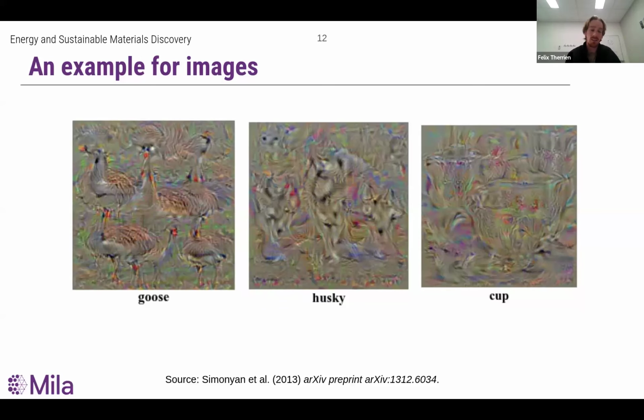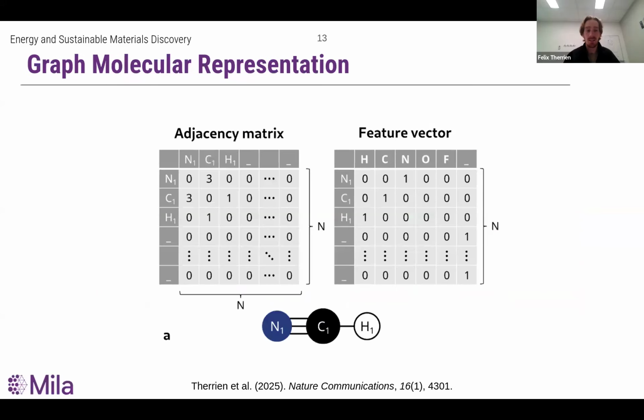The idea of this paper is interpretability: try to understand what the things are that the network identifies as being from a goose. So the idea is, can we do the same with molecules? For images, we have pixels.